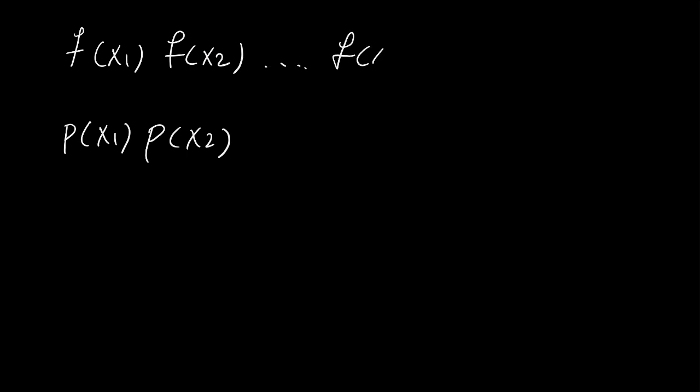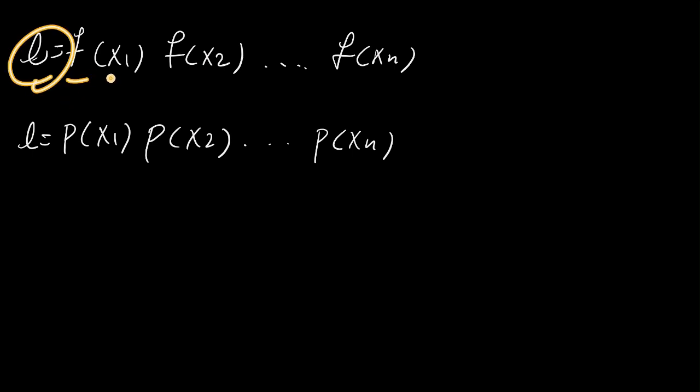Let's suppose that I have multiplication of f of x1 to f of xn, and this is function L. Or if instead of f I have p, then I have multiplication of p of x1 to p of xn. So no matter the function is continuous or it's discrete, in both cases, I have a new function, which is multiplication of the function of each random variable.